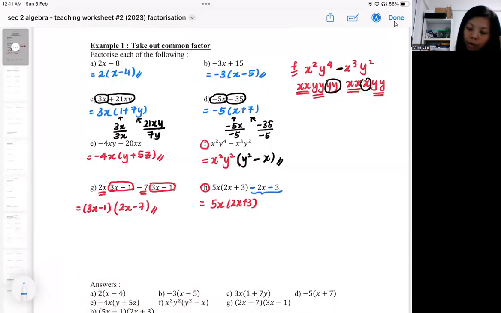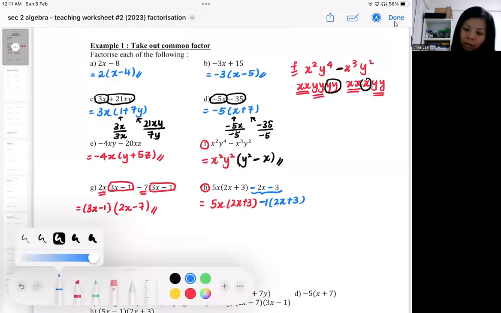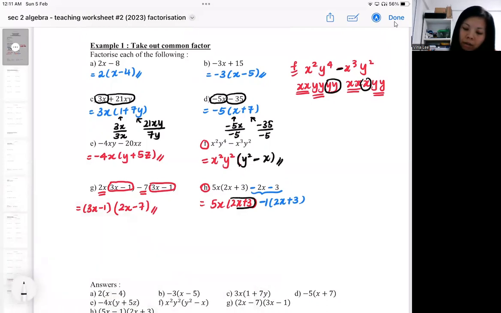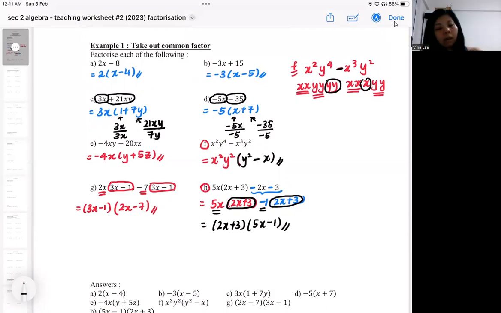From this, I'm going to factorize out a negative. Effectively, I factorize out a -1. After I factorize out a -1, my common factor is 2x plus 3, and I am left with 5x minus 1. These are all classified under take out common factor. But taking out brackets, of course, is harder. You can see there are some difficult ones here.